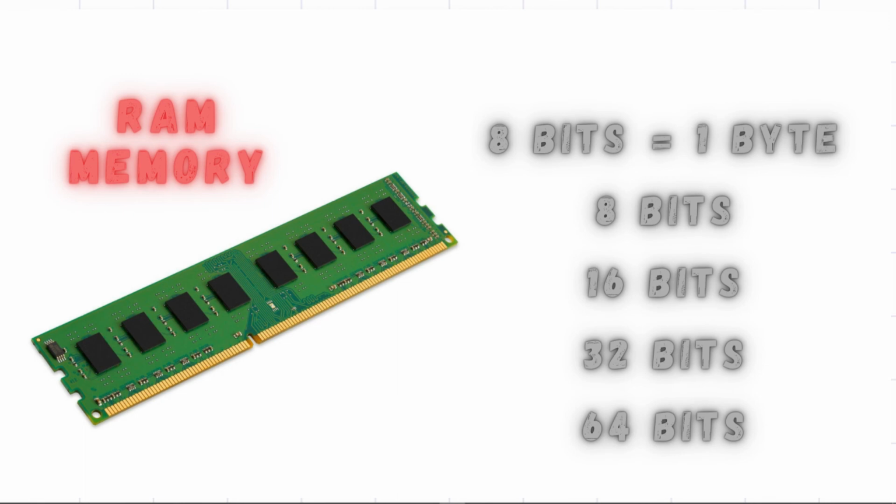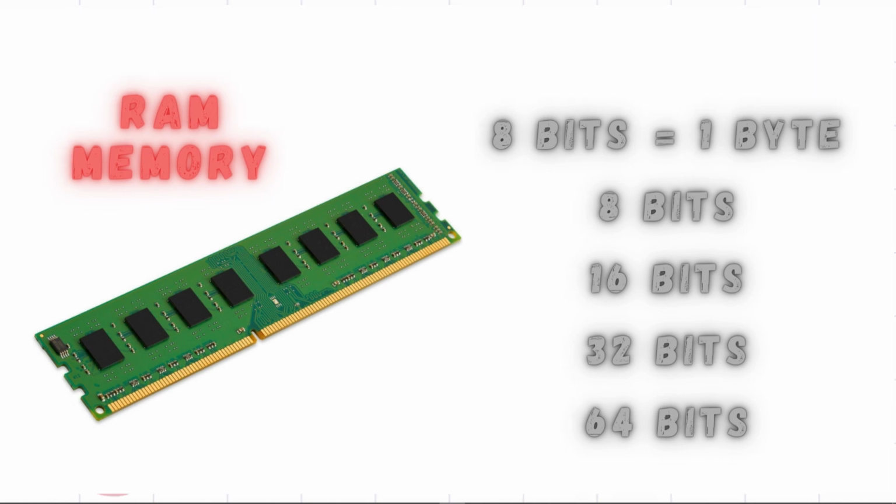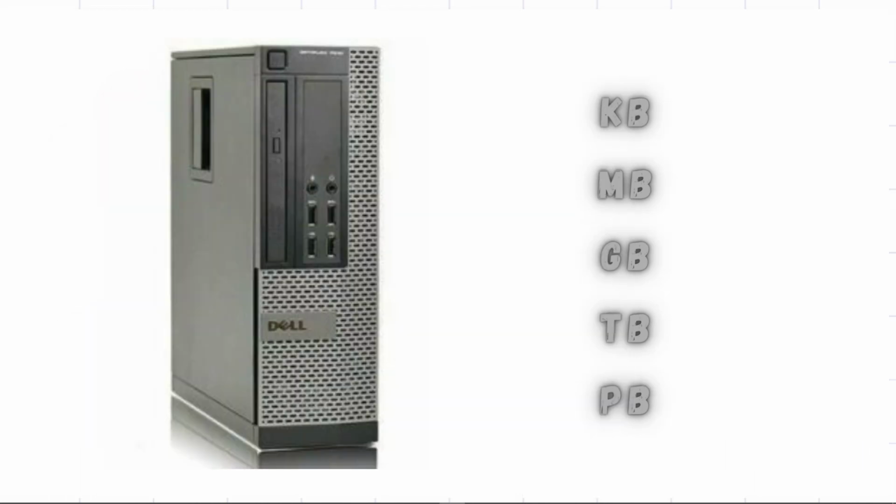Your memory is measured in bits, binary digit, zeros and ones. Bit becomes byte. To have a byte, you need 8 small bits: kilobyte, megabyte, gigabyte, terabyte, petabyte, yottabyte, and so forth.